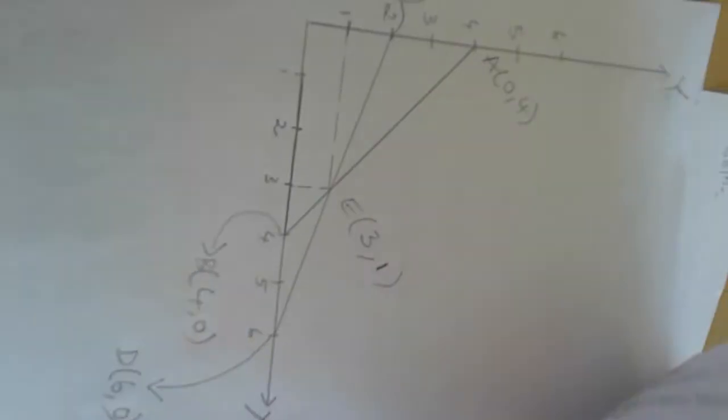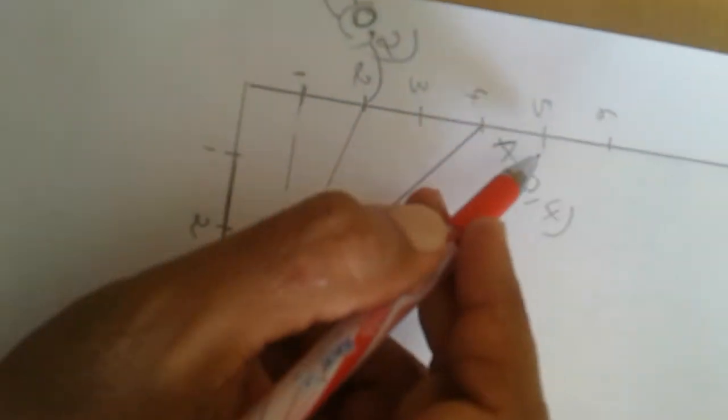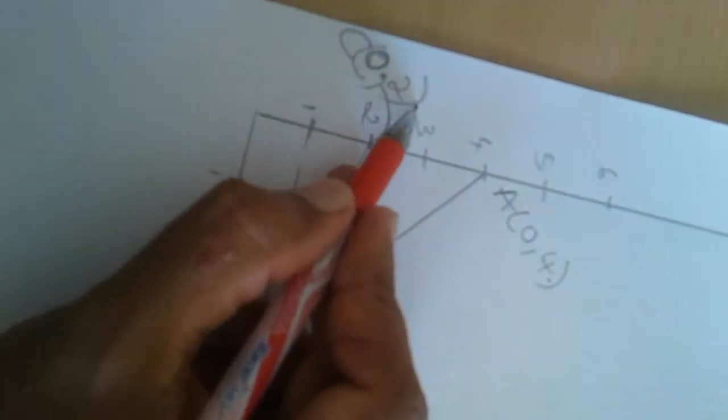With this calculation we will try to draw the graph. Point A is here 0, 4, point B is 4, 0, which we have already determined. Point C is 0, 2 and point D is 6, 0.